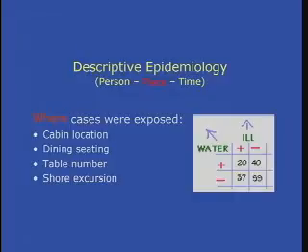Table number might also provide an indication of where the outbreak may have started, particularly if there's a public vomiting or public diarrhea incident that occurred in a dining room or a restaurant facility. Lastly, shore excursions may be important in the outbreak as well. Did the cases go on a specific shore excursion, or were they all the result of activities on board the ship?